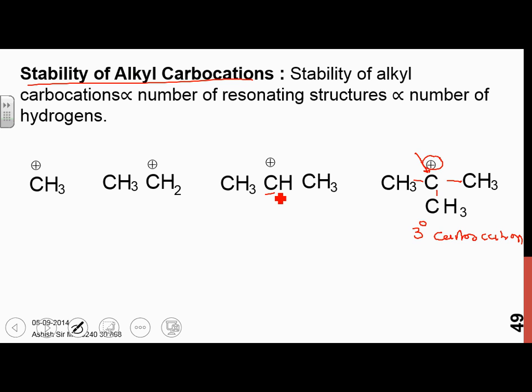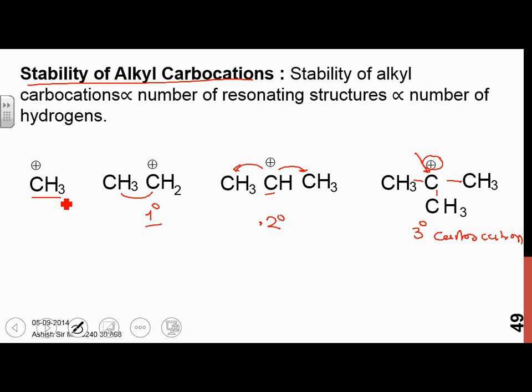Similarly, this carbocation is known as secondary carbocation. This is primary carbocation and methyl carbocation. Correct or not? You are aware about this, right?